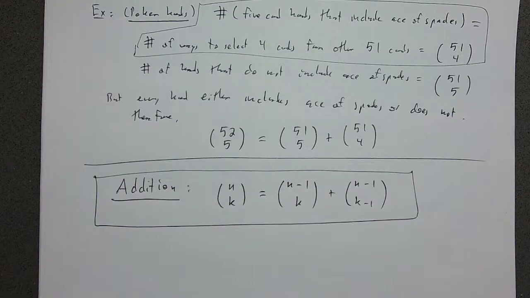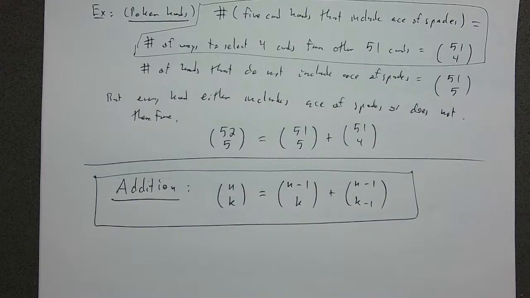The proof of this is essentially unpacking the example that we just did for generic n and k. Literally just unpacking what we said for the specific case of the ace of spades, doing the same sort of partitioning for generic n and k. That is the proof of this addition formula.